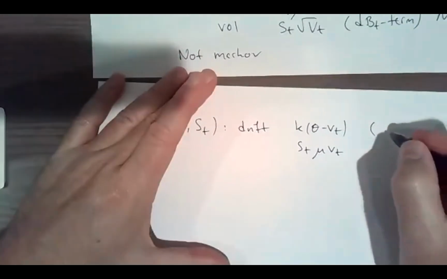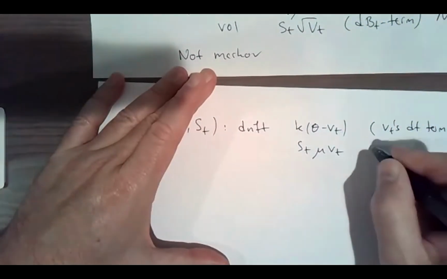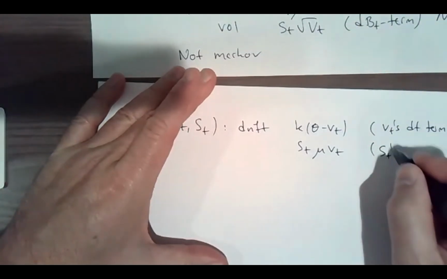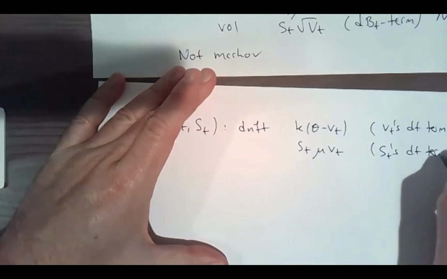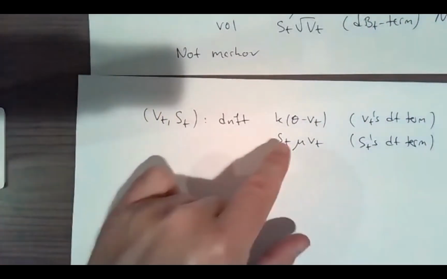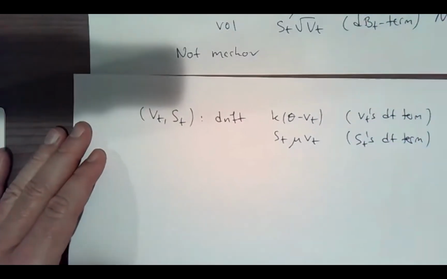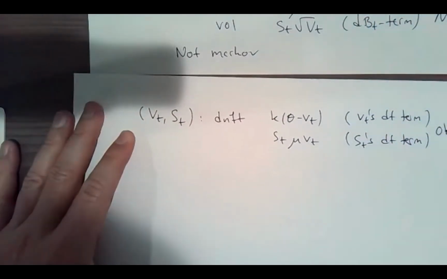This here is VT's dt term, and this is ST's dt term. Are these two terms functions of V and ST? And now this is okay.